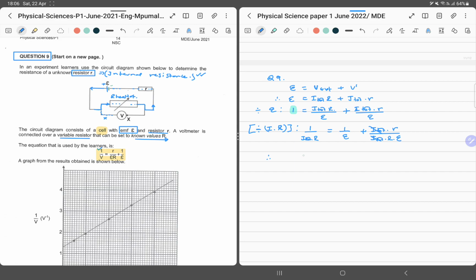Therefore, the equation we end up with is 1 over, what is I tot multiplied by R? That is the external voltage, which is V. This one we can just rearrange. It's going to be r over the EMF multiplied by the resistance of the rheostat, plus 1 over E. Voila.